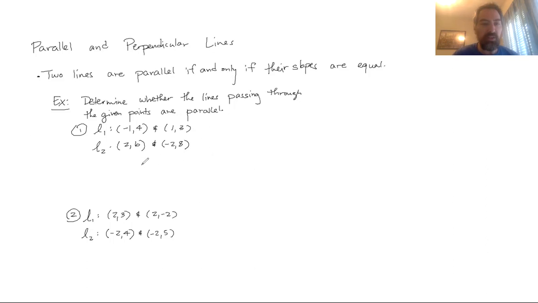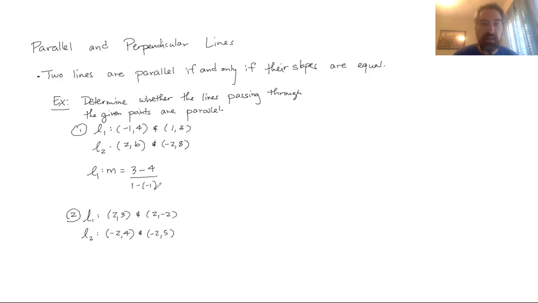So let's do that. For line 1, we can find the slope by subtracting the y values and subtracting the x values and dividing the differences. So I will subtract the two y values, 3 minus 4. I'm doing that y2 minus y1, and then I will divide that by the difference in the x values. That would be 1 minus a -1.